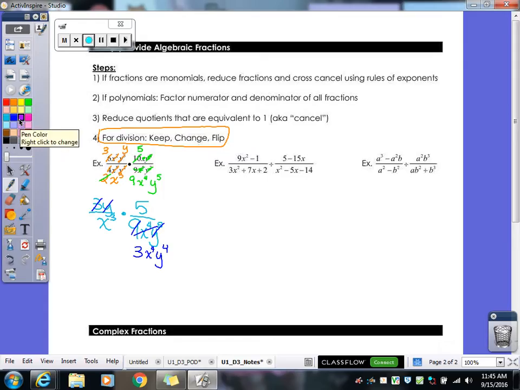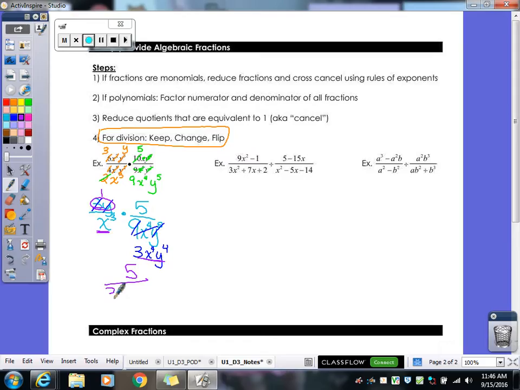So in our numerator here, you see how everything there canceled? Since it all canceled, it's still left with a 1. There's still a placeholder there of 1. Not everything's completely gone. So when we go to multiply now, 1 times 5 gives us a 5. And then we have x to the 3rd times 3x to the 4th, y to the 4th.